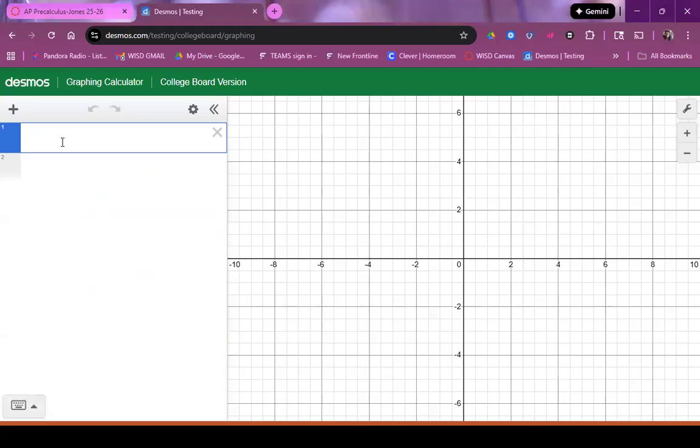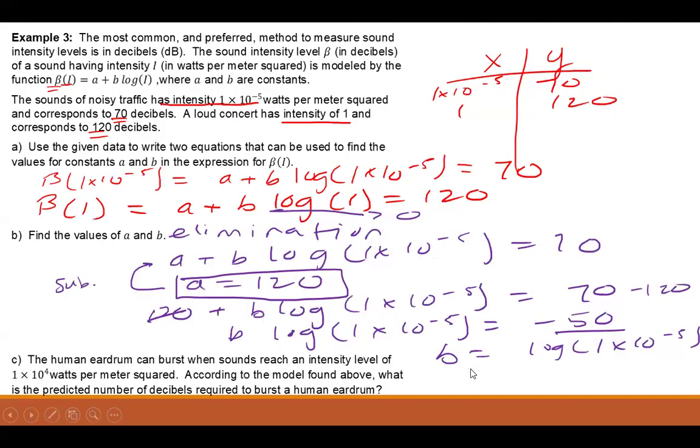And I have negative 50 divided by log of 1 times 10 to the negative 5. And what do I get? The answer is simply 10. So the value of my b is 10.